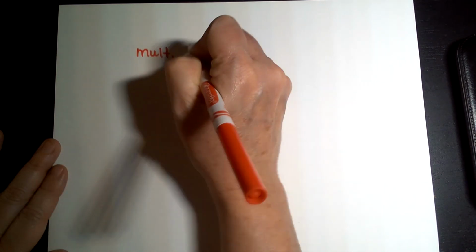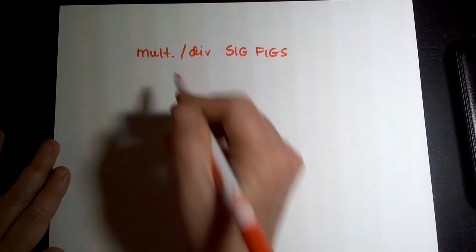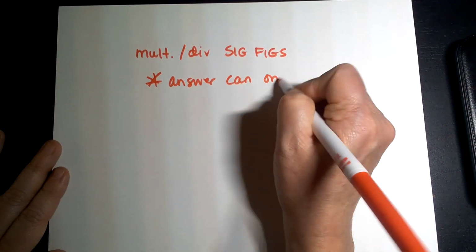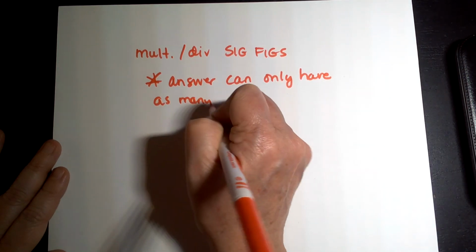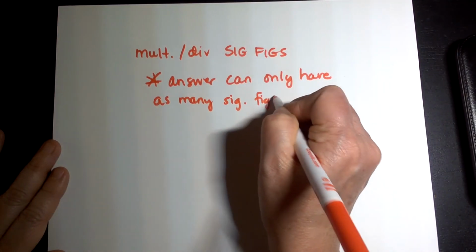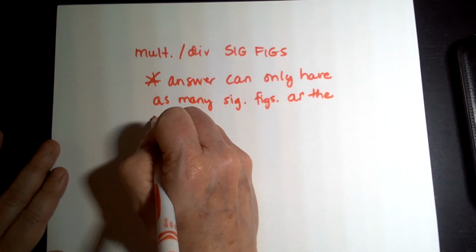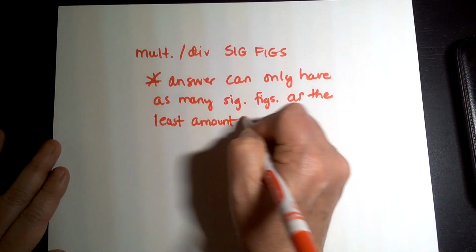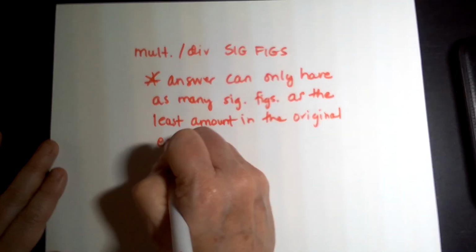Okay, so when you multiply or divide with sig figs, your final answer can only have as many significant figures as the least amount in the original problem or equation.